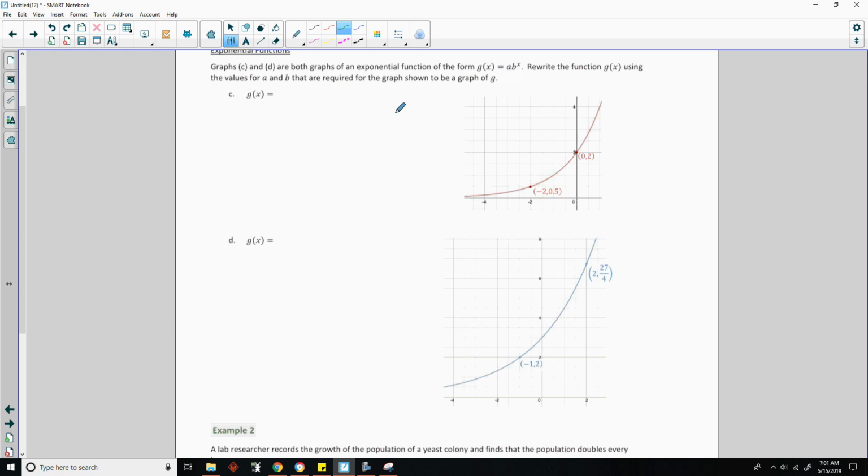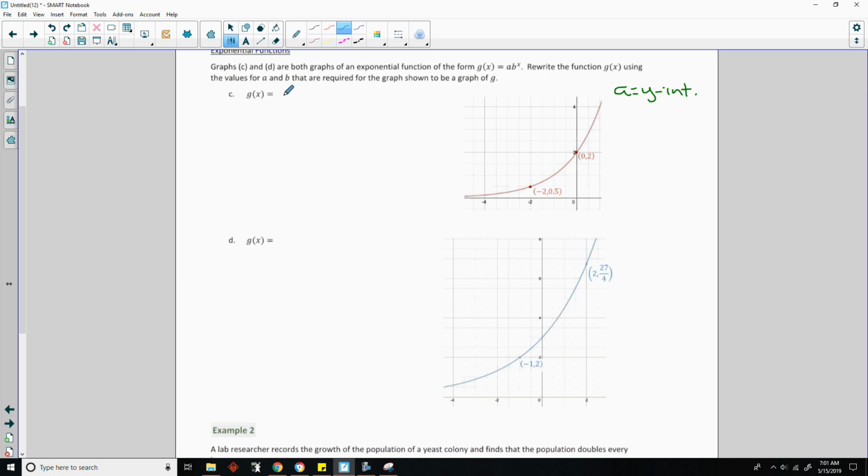Okay, so keep in mind that our y-intercept is a. And our exponent, our base, I should say, is the value that will give us what we need to make this function true at these points.